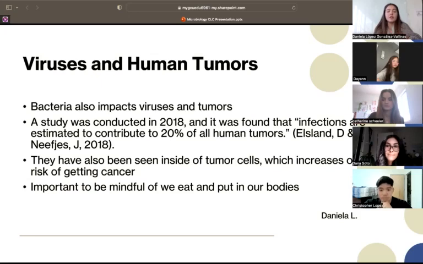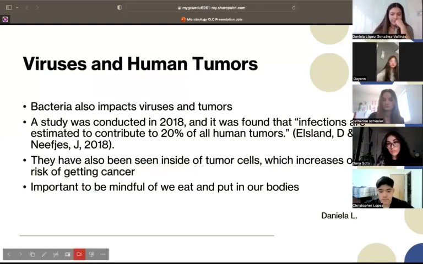So they not only cause cancer, but they can live inside those tumor cells, which makes it even riskier. Something so important to take into account is knowing what we eat and what we put in our bodies, because this can really help us prevent cancer.